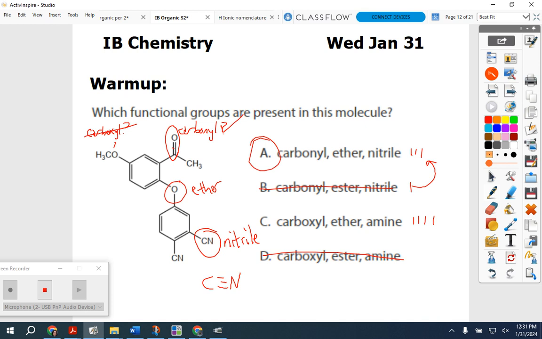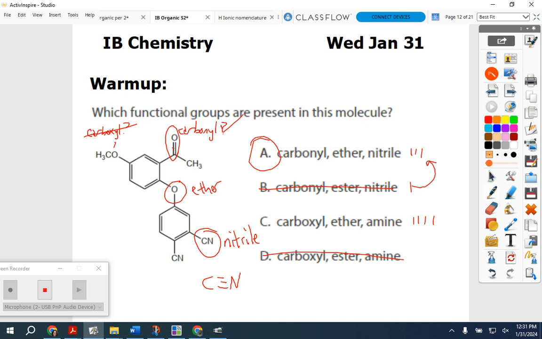What is this if it's not a carboxyl group? What's going on with this oxygen over here? Amaya? It's another ether, yep.